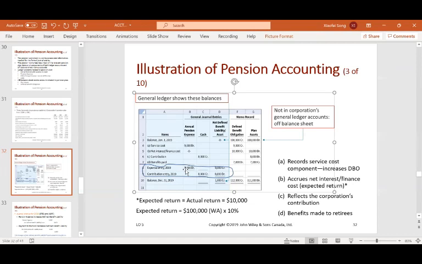So we debit pension expense, credit net defined benefit liability or asset. And then the contribution is also a transaction, because whenever you receive or pay cash, that's a real transaction. So we credit cash and debit the defined benefit obligation. Those are the two transactions we have for this year.